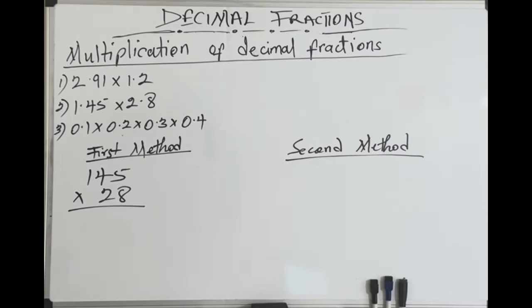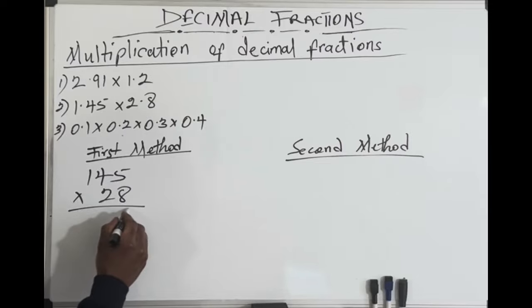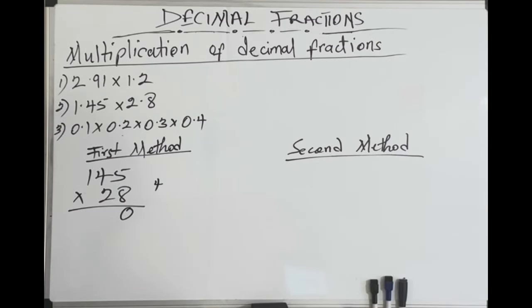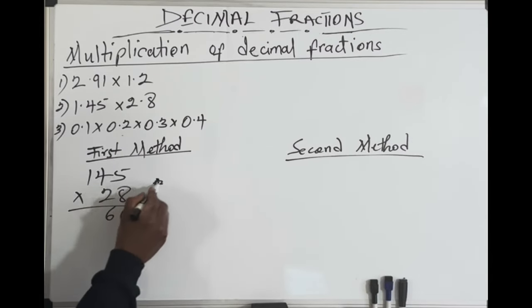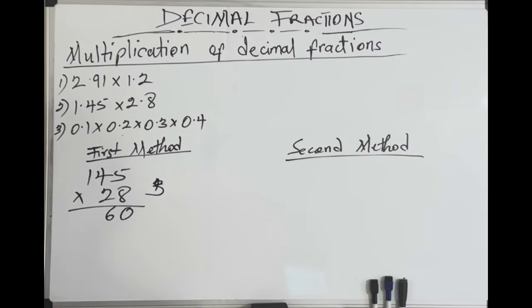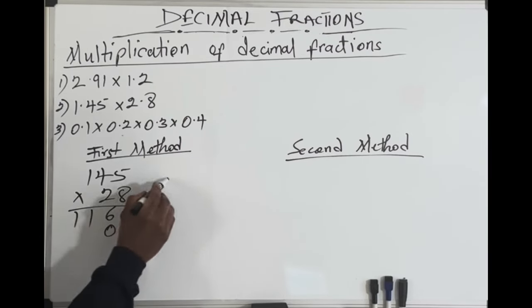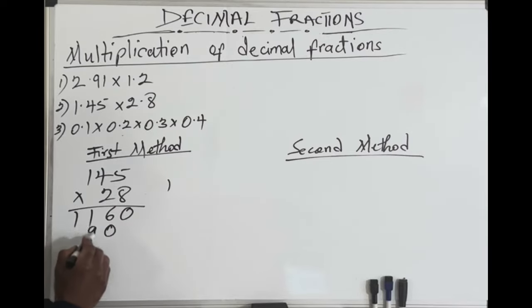So 5 times 8 gives us 40, and so on, then we add them.